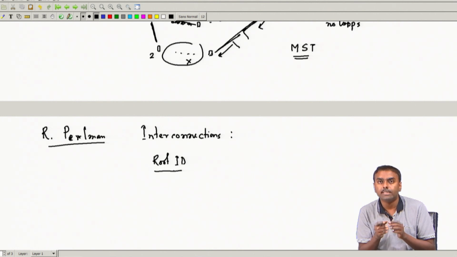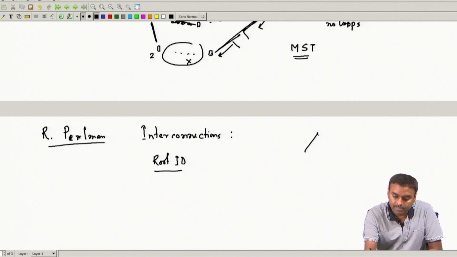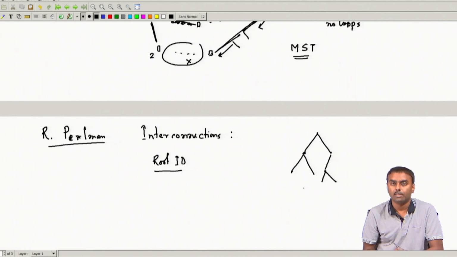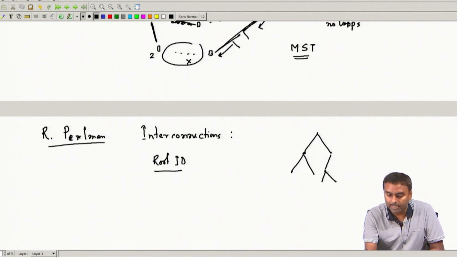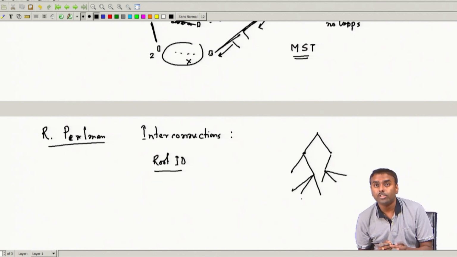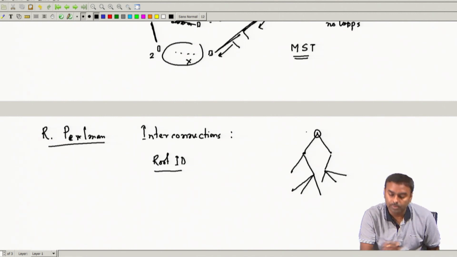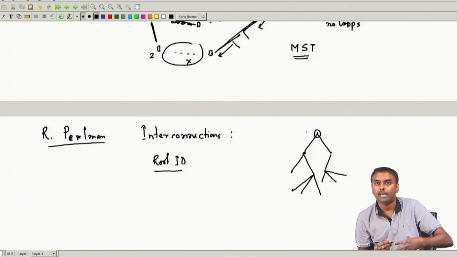A tree has a root, and from that root it has branches, then the next child, and from there some branches might be there, some might not, and so on. It is not necessarily a binary tree; it can have multiple branches also. There should always be a root from where it all starts.